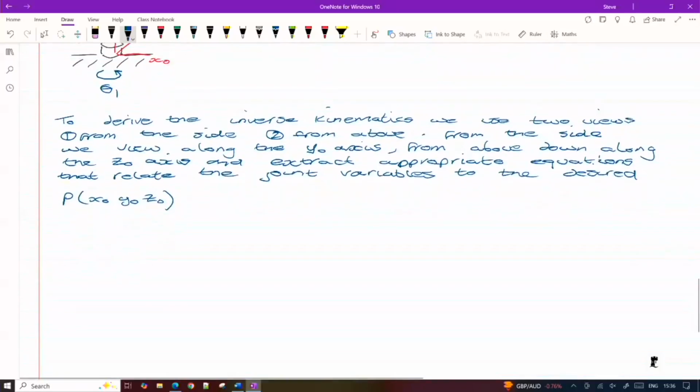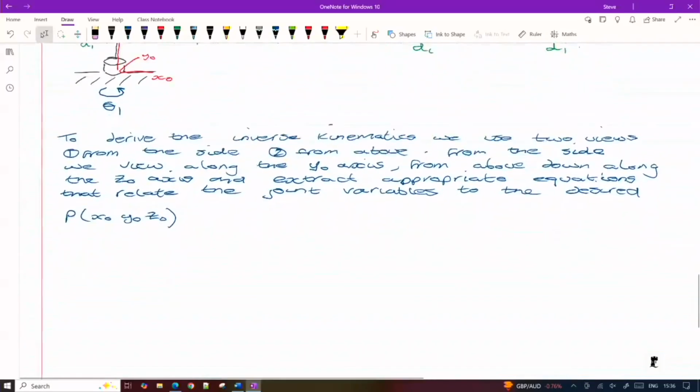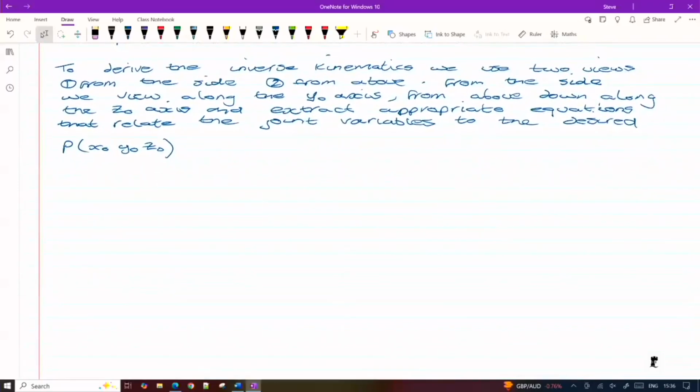Okay, so if we look at that manipulator, we look at it first from the side. And we draw out what we can see.